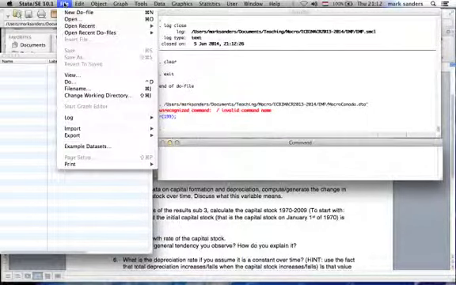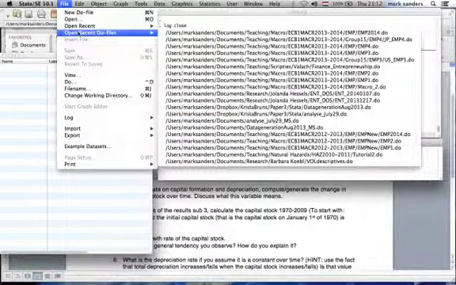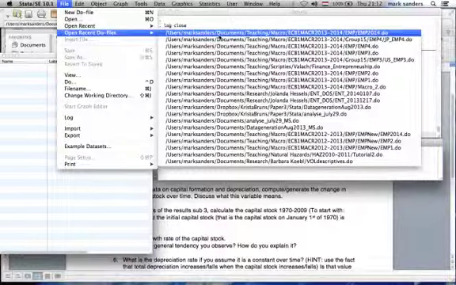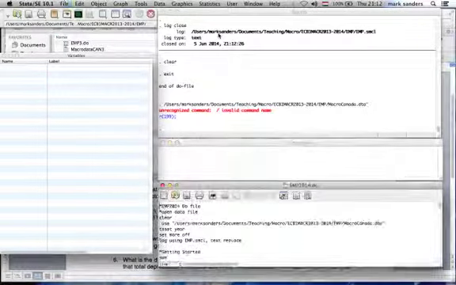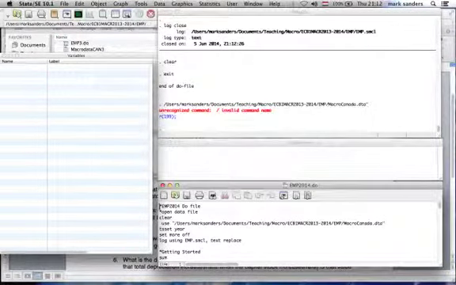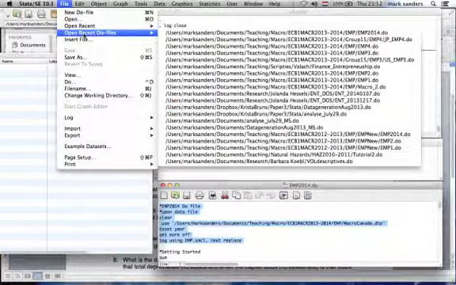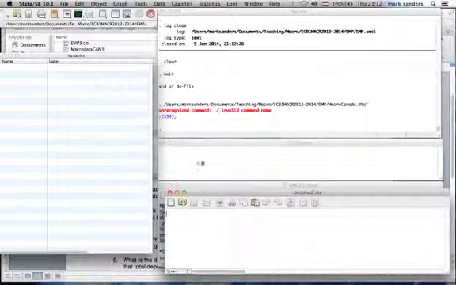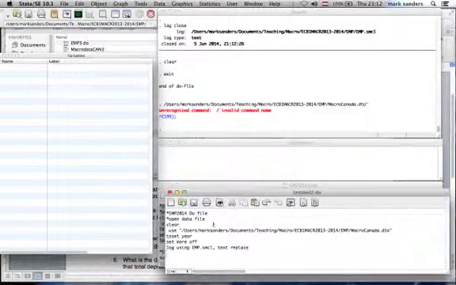Okay, so let's open a new do file. I might as well take an old one to copy the initial code. So file, open, new do file. Put that code here.